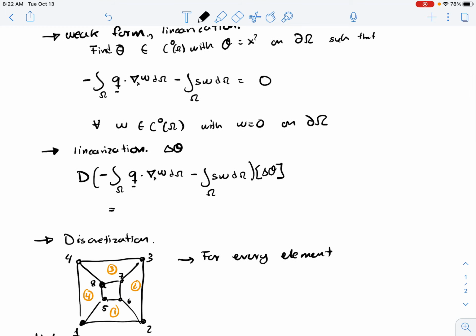And that one we have done before, but that one will be minus the integral over omega of, instead of Q, I need the derivative of Q with respect to the increment.